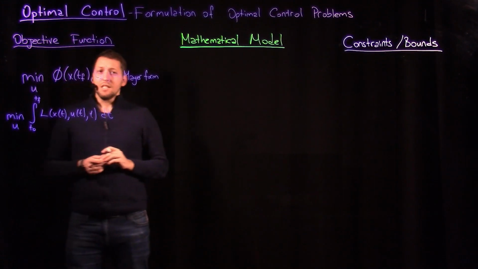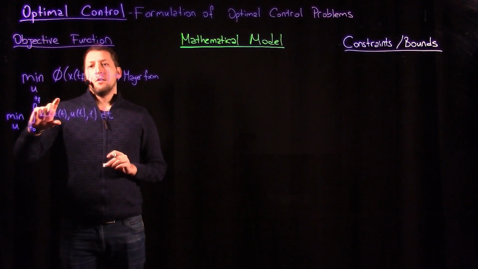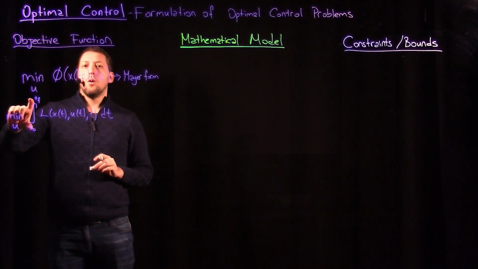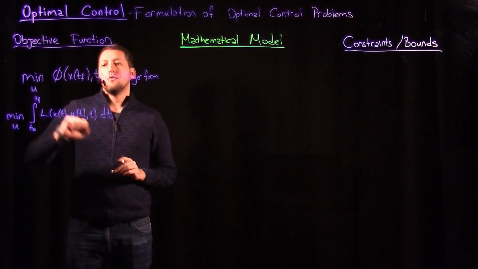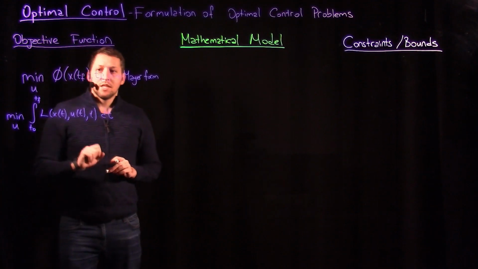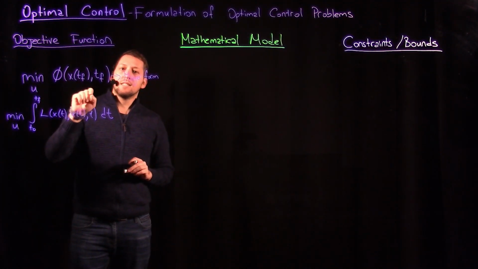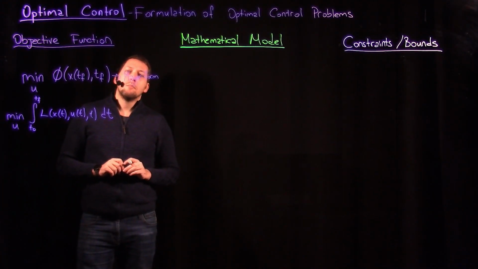The main difference here, as you can see, is that we have a cumulative sum in between. We are now considering the whole time frame from the initial time t0 to the final time tf. But the missing thing is that we are not considering the exact value at the final time, like we did in the Meyer form.